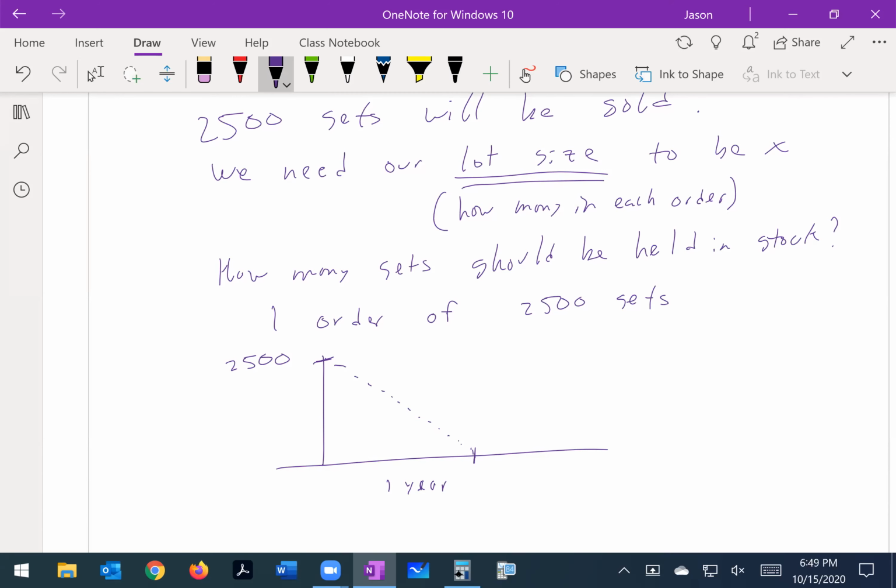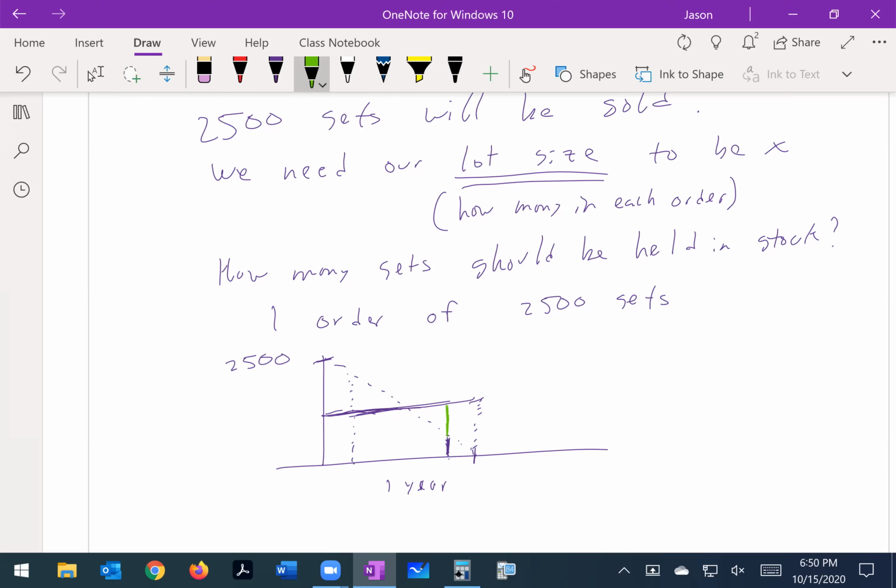So in the beginning of the year, I have a lot more storing costs, and at the end of the year, I have a lot less storing costs. If we look at the middle, what I should really be focused on is the amount here.